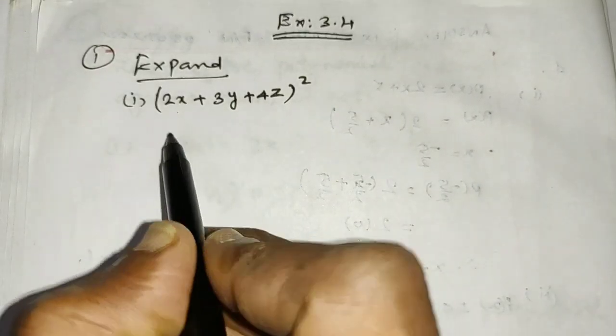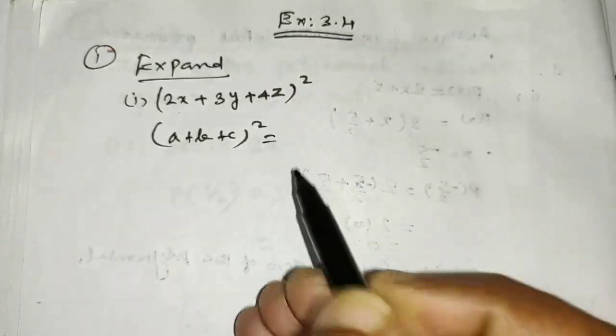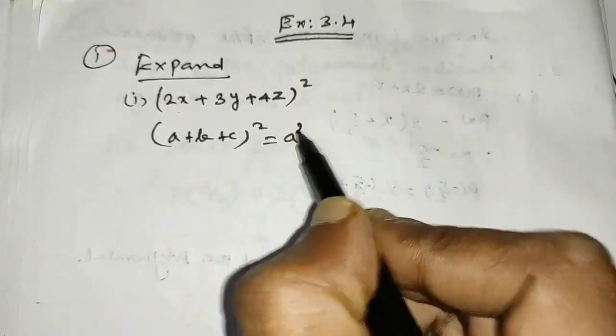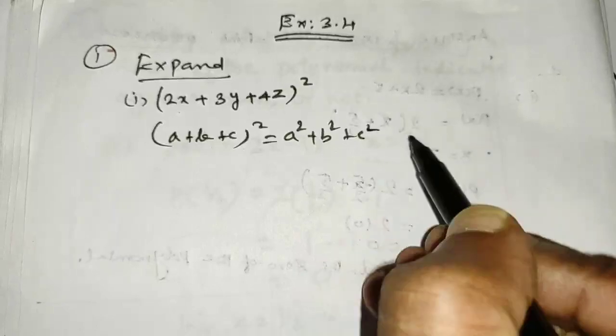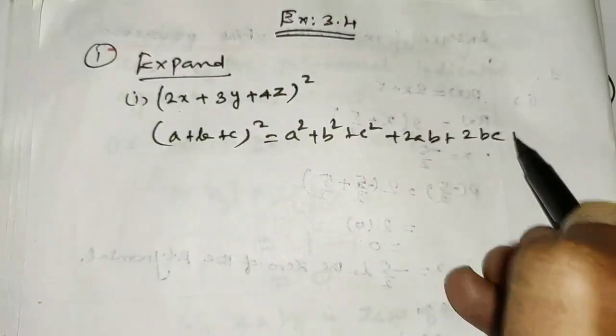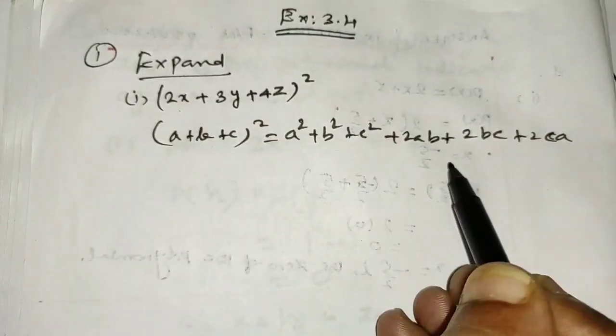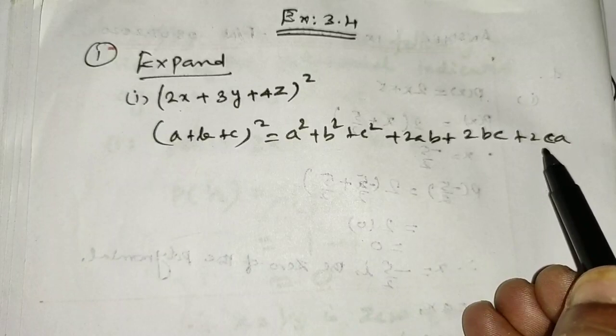Now this identity is in the form of a plus b plus c whole square. So expansion of this is a square plus b square plus c square plus 2ab plus 2bc plus 2ca. So you have to keep this identity in mind.